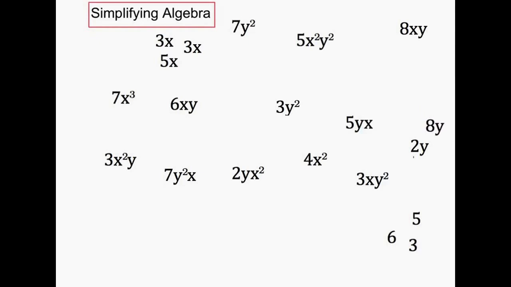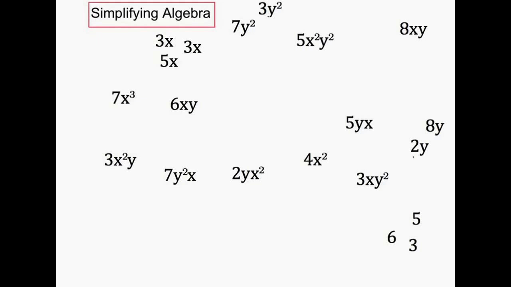Let's look at some of the other expressions then. Moving on, we have 7y squared here, 7 lots of y squared, 7 times y times y. So things that are alike that, we have 3y squared here. So those two are alike. There are other things with y squared in, but they have something else in addition.